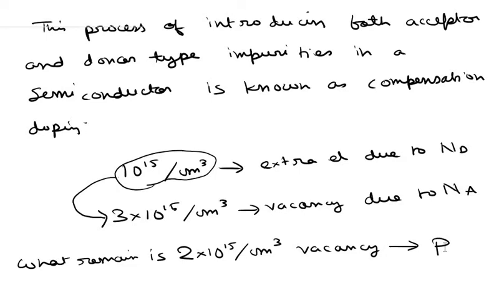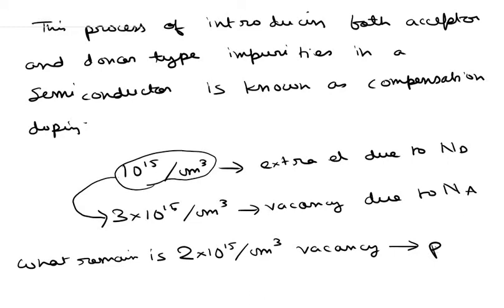What remains is 2 into 10 to the power 15 per centimeter cube of vacancies, and that vacancy is the number of holes in the valence band, and that is why the number of holes in the valence band is equal to Na minus Nd. So I hope this is clear to all of you.